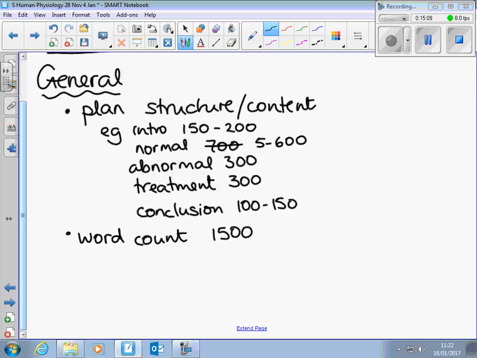So you've got plus 10%, which means that you've got 1,650 maximum. All right, so don't work to 1,650 necessarily. Well, I tend to do that, but then overshoot and have to take a load out. But give yourself a little bit of leeway there.